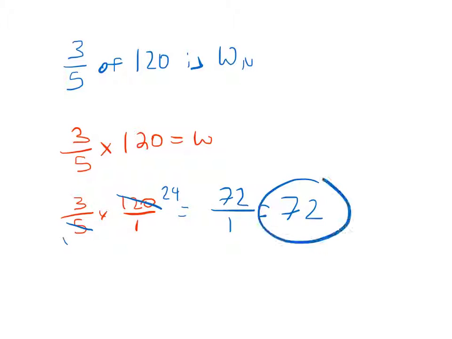So that equals 72. So does that make sense? 3/5, a little more than half of 120. Sure, half of 120 is 60. So 72 is a little bit more than half of 120. So 3/5, that makes sense. That works out there.